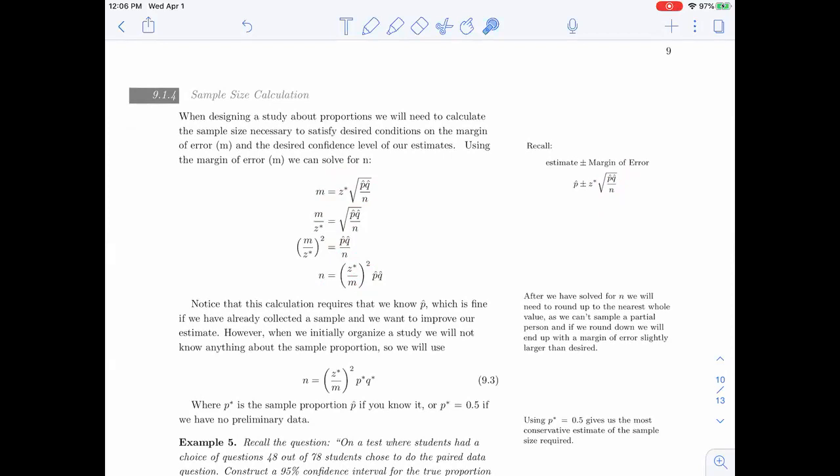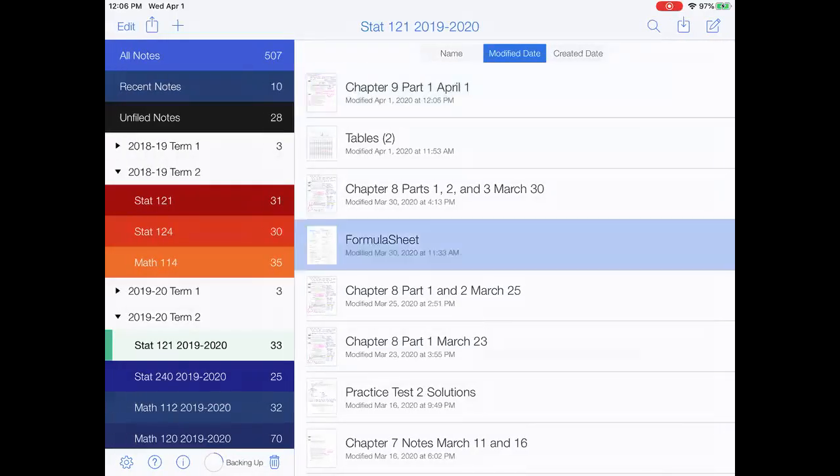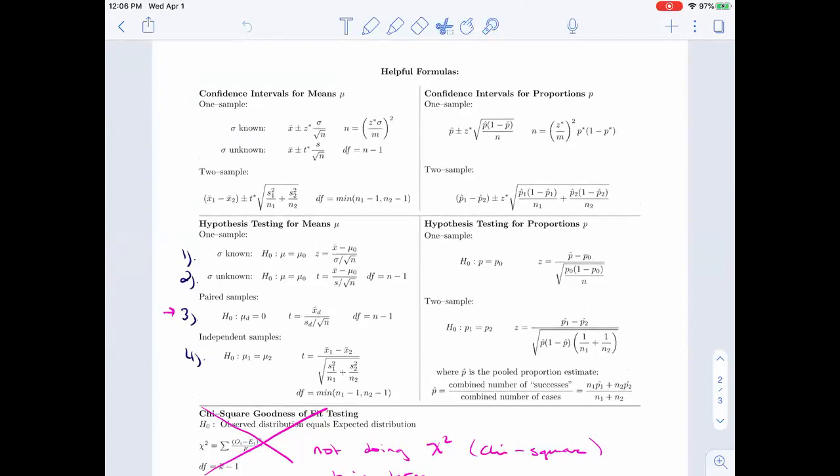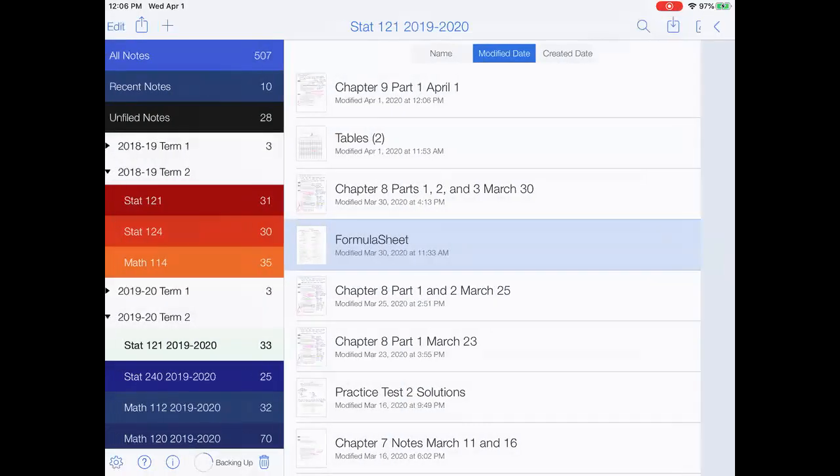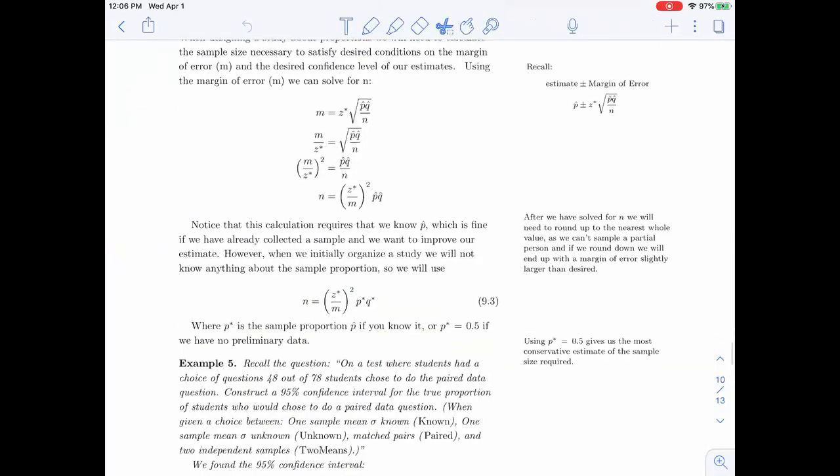If we go to the formula sheet, this is from the formula sheet, and I'll just copy it in here. Notice that on the formula sheet we're talking about P star Q star, or P star times 1 minus P star.